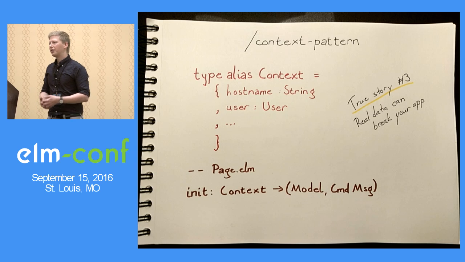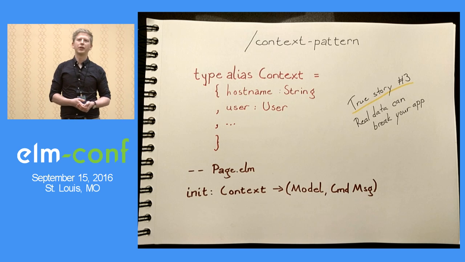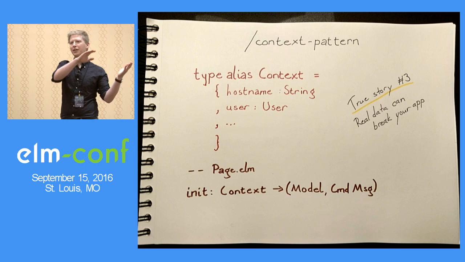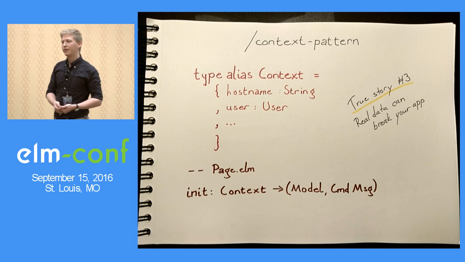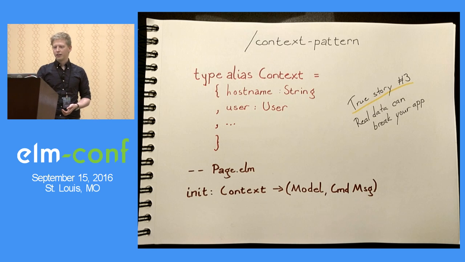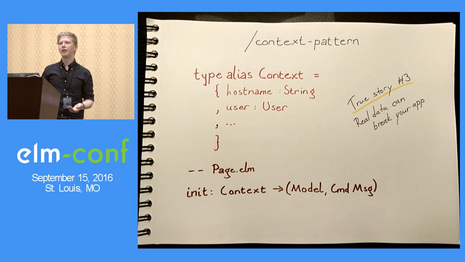This will give you a really simple and straightforward way to communicate things that are rippling down from, well, ancestors in your hierarchy. So you can get the current user information anywhere in your application, and you don't need to do any message passing at all.